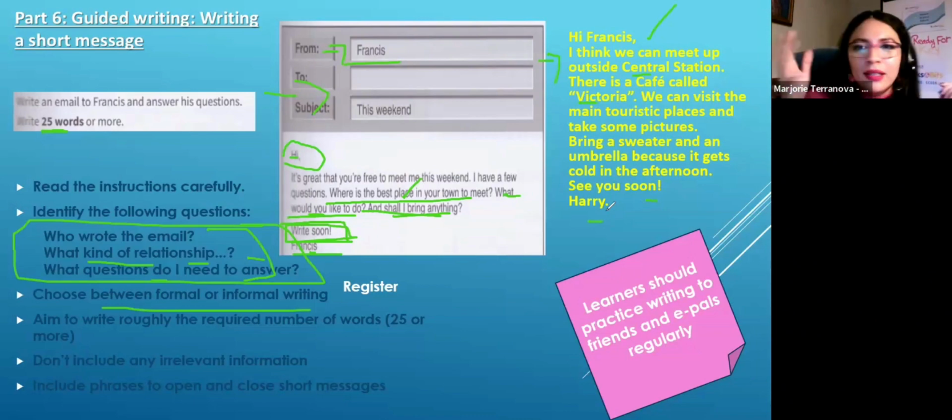If you practice in class, I think that if I write around seven lines, that might complete 25 words, okay? So remember to practice writing to friends, writing to equals, writing to teachers regularly, because the more practice your students have, the more confident they will feel doing this kind of activity.